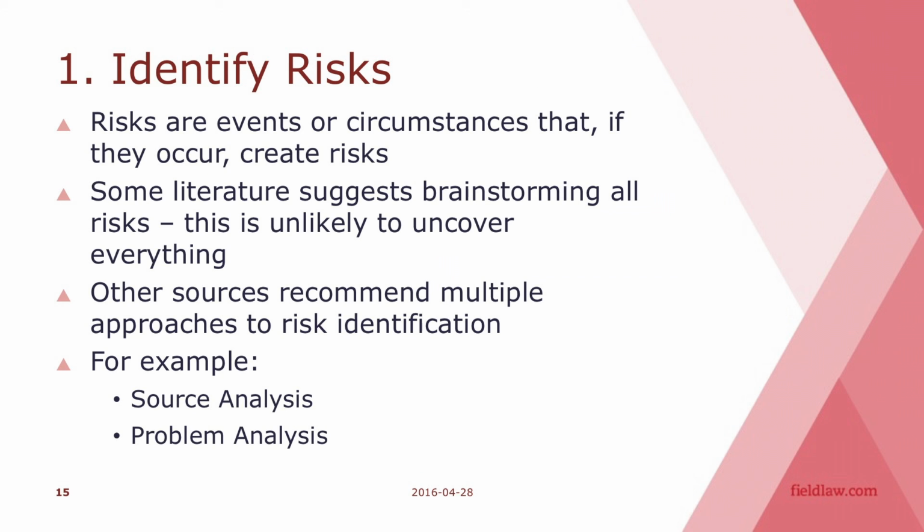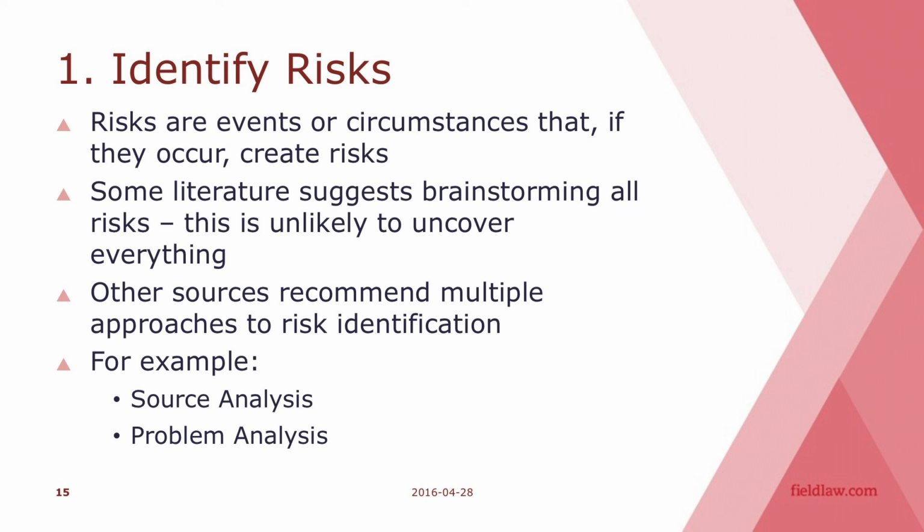What about this identification of risks? How do we do that? In any risk management process, you need to start with a list of the risks that we want to manage. So in my literature review, I saw that in simple risk management processes, it was suggested to just sit down and brainstorm them. Well, that is one way to do it, and that might be effective for some of our practices or our organizations.